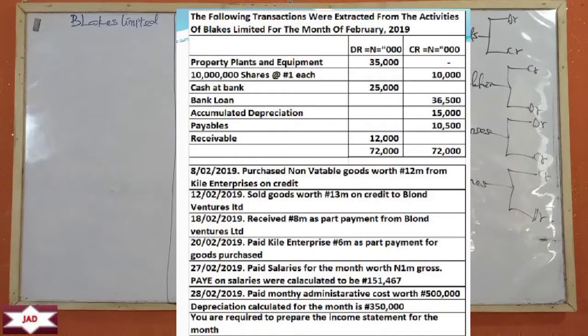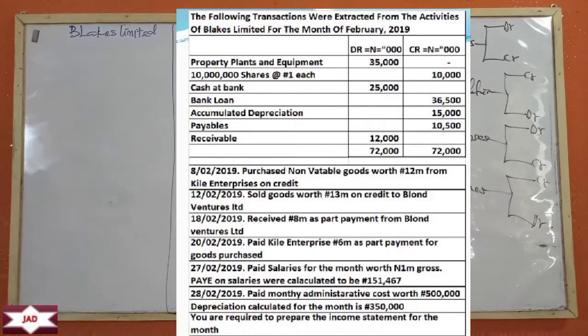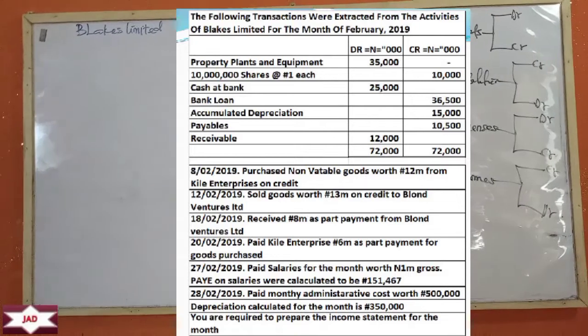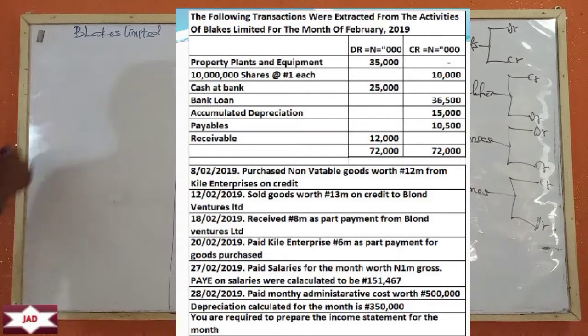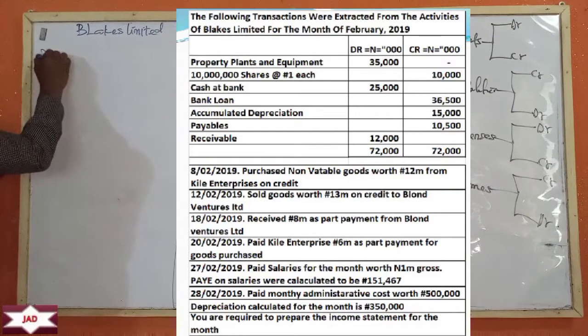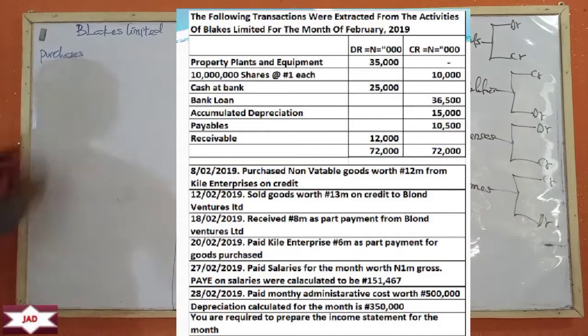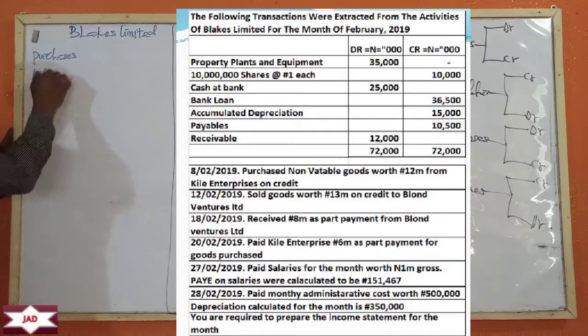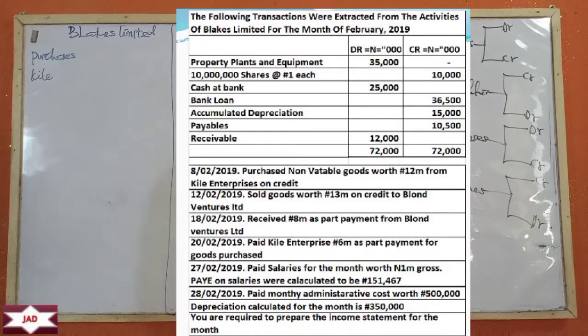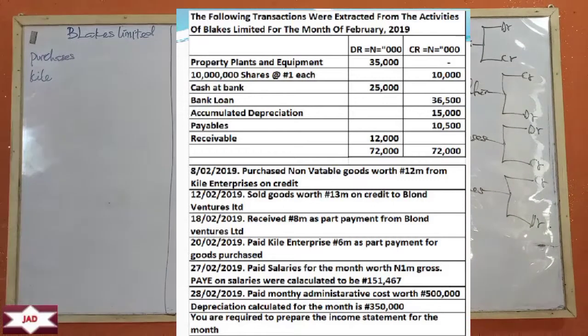I can see purchased non-vatable goods worth 12 million from Kyle Enterprises. Of course, you have two items there. We have purchases, and then we have Kyle Enterprise.